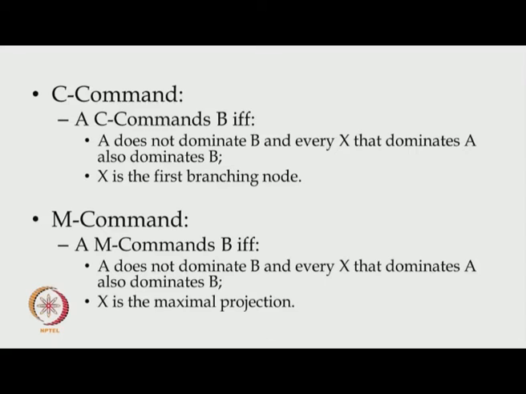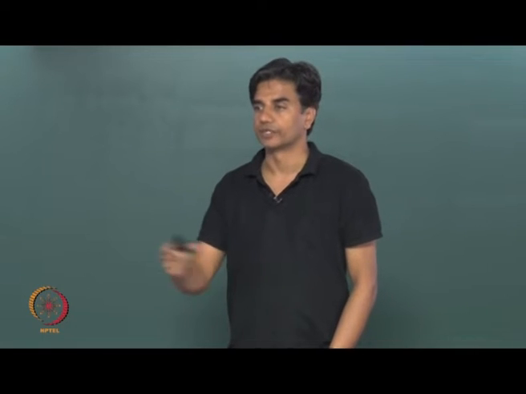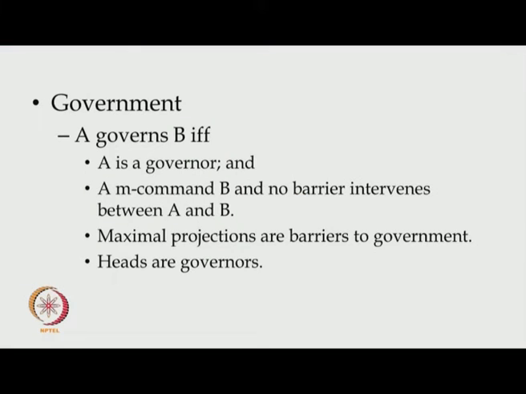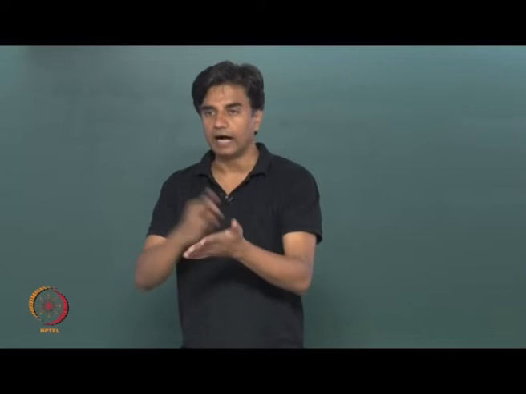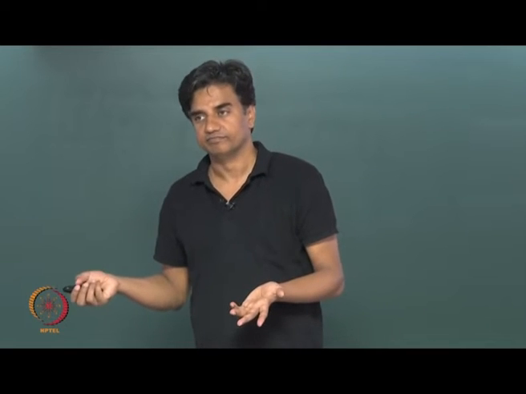Therefore, we talked about M-command, and when we look at the difference between C-command and M-command afresh, we need to modify the notion of government, and this is how finally the notion of government looks. Under this notion of government, we can say both I and V govern the NPs that they case assign. Okay? All right.